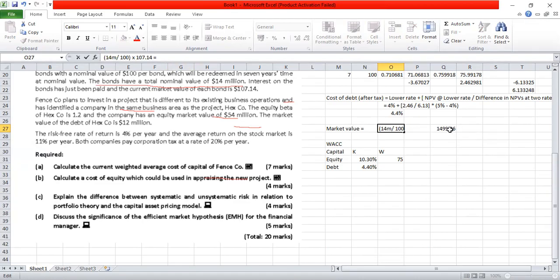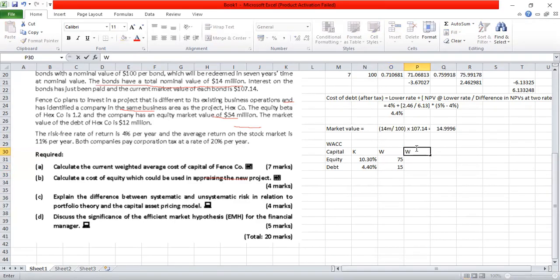Fine. So here it should be divided by 100. So we see that this is roughly 14.99, or it is 15 million.